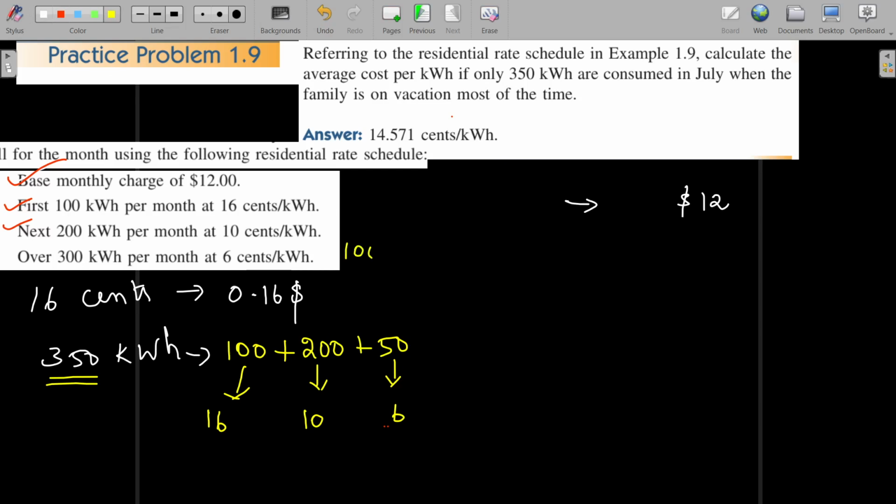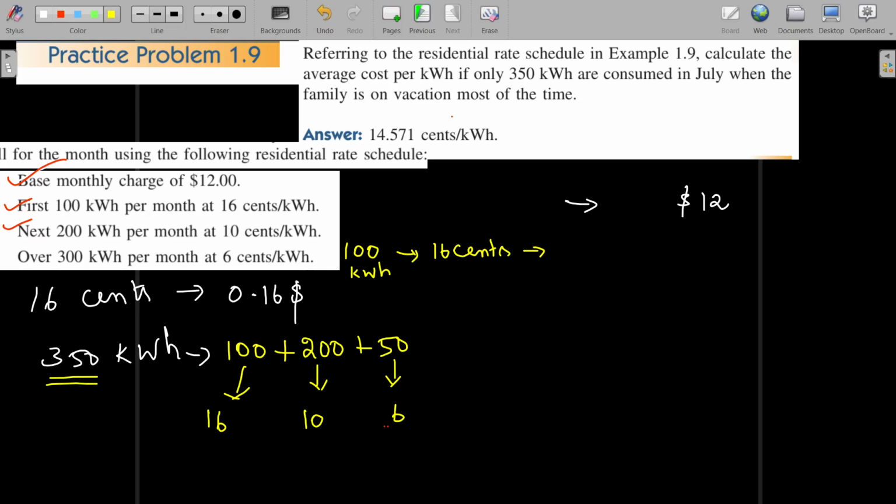For the first 100 kilowatt hours at the rate of 16 cents, the total cost is $0.16 multiplied by 100 kilowatt hours, which is $16.